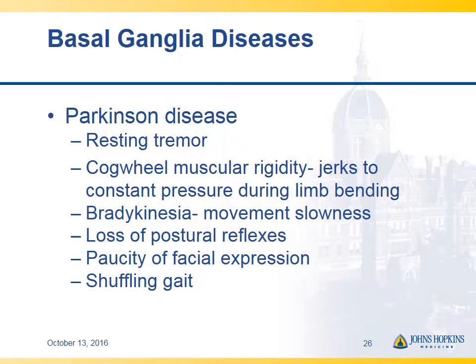One example of a basal ganglia disease is Parkinson's disease, which is characterized by the resting tremor. There's also cogwheel muscular rigidity.